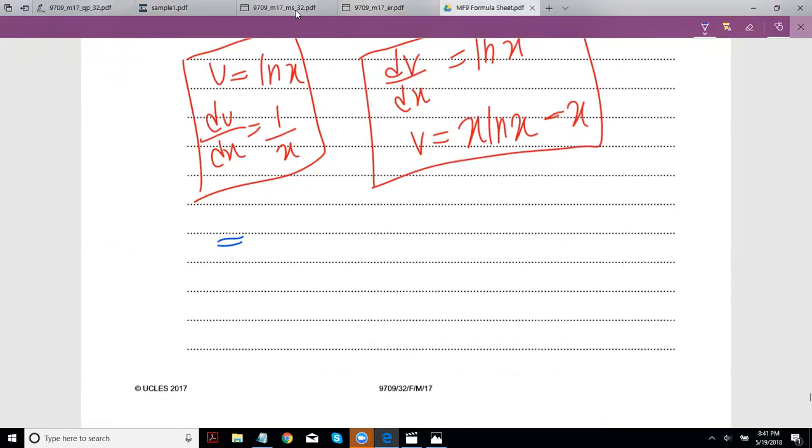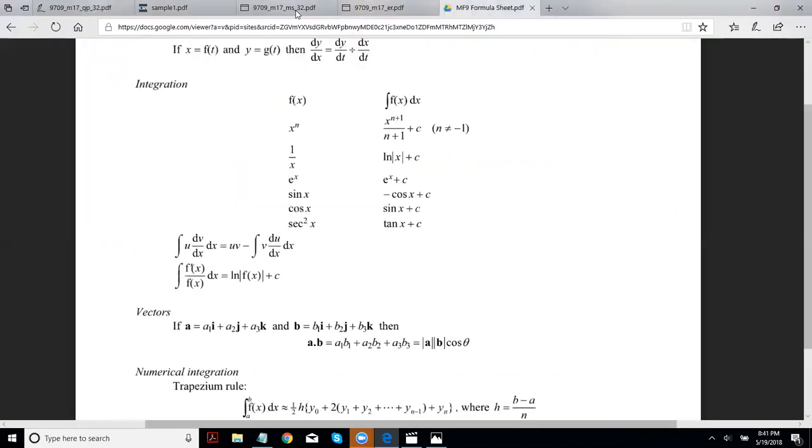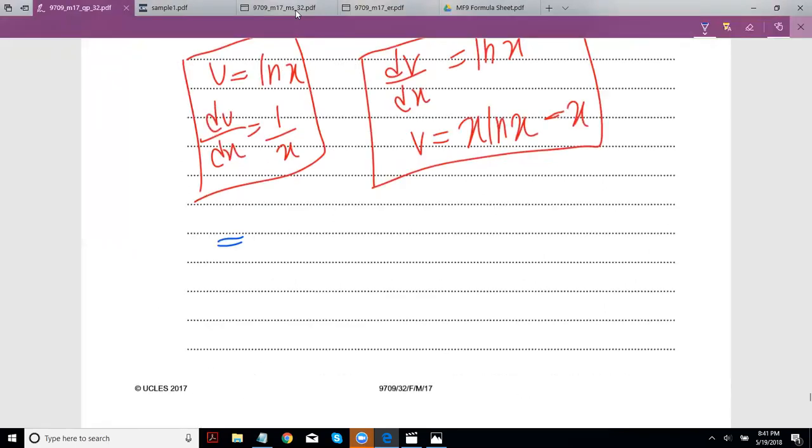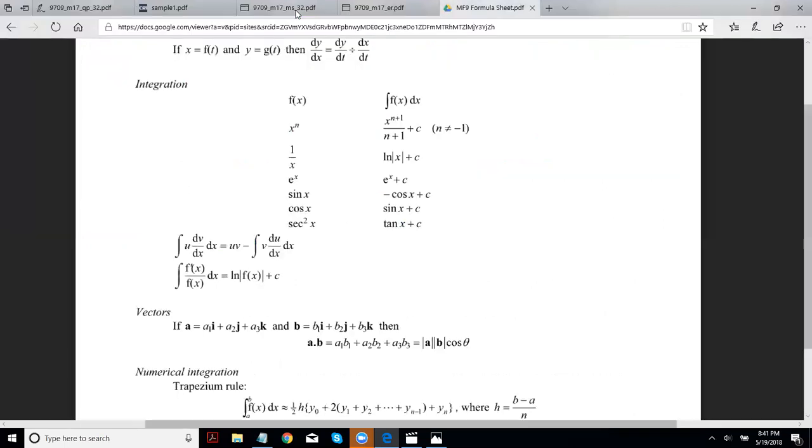What is the by parts formula? uv minus the integral of v into du over dx. This is being integrated with respect to x.